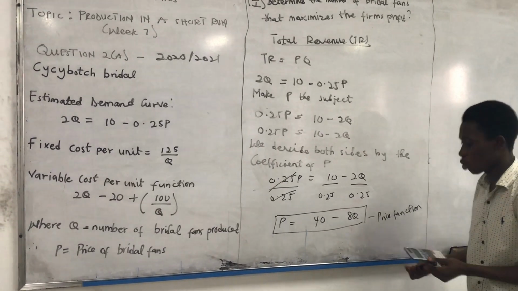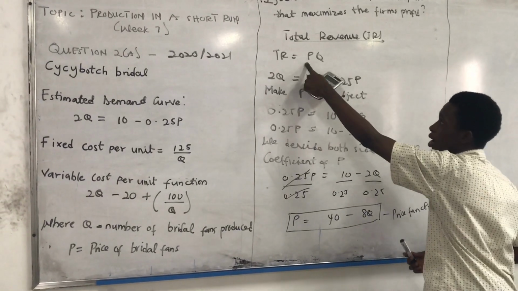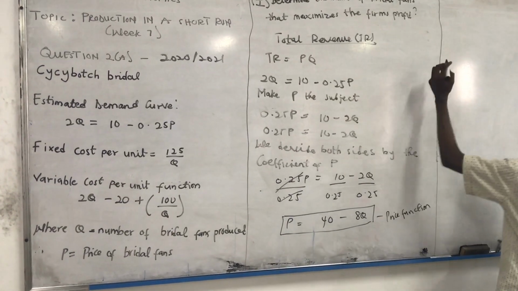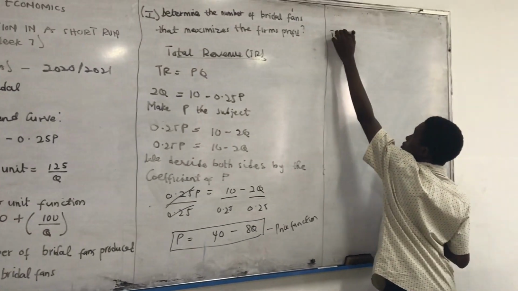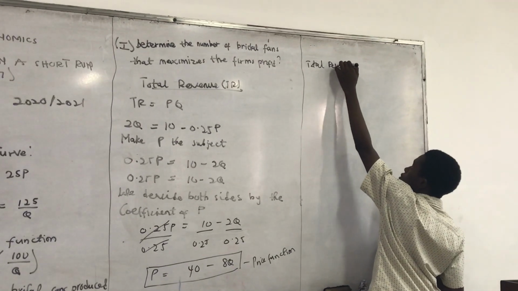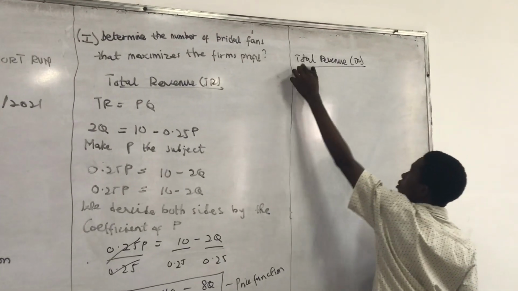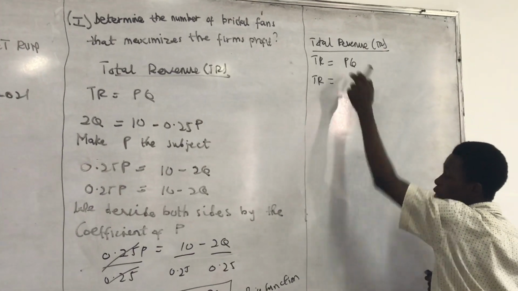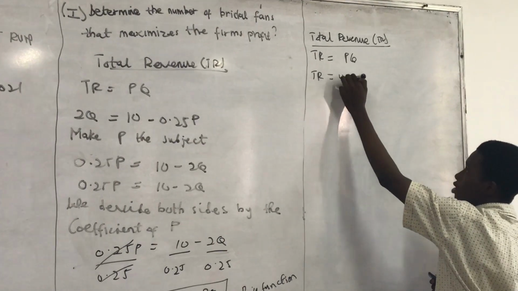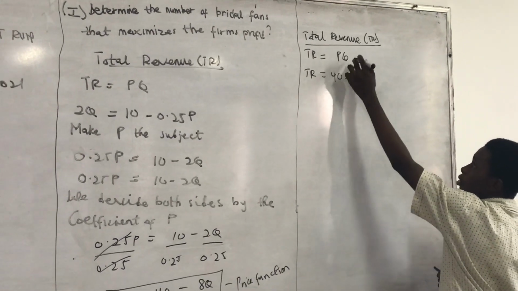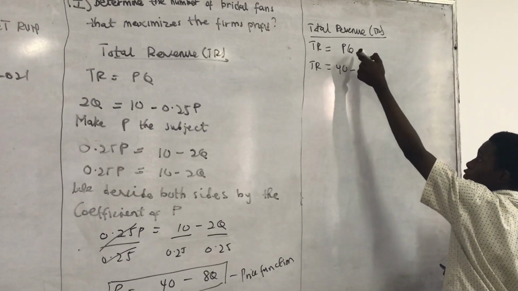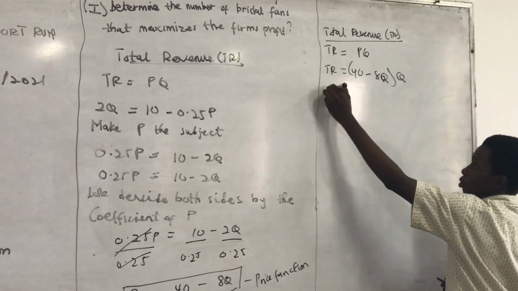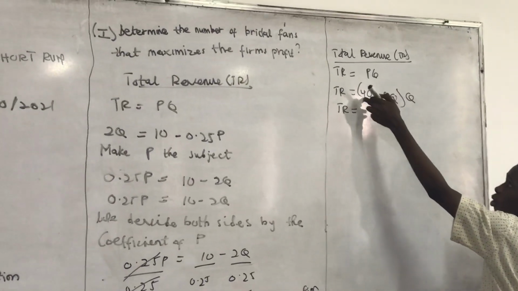So now we can find total revenue. Total revenue is price times quantity. So that's our price function, and we have our Q. Total revenue is price times Q. Now we have P to be 40 minus 8Q, and total revenue is P times Q, so don't forget to bring the Q. Now, total revenue: Q times 40 gives you 40Q.